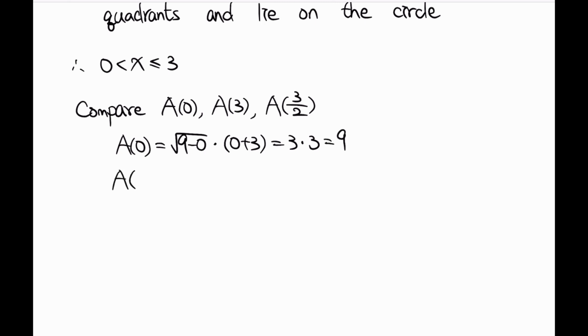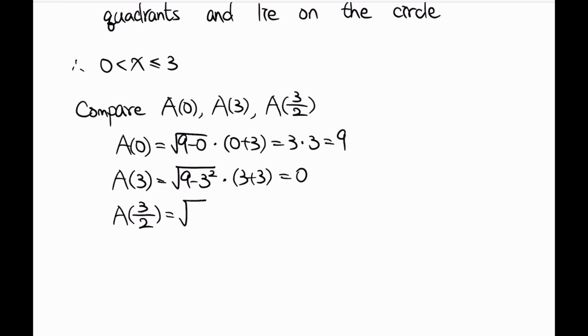And then we calculate A of 3, which is the square root of 9 minus 3 squared, times 3 plus 3, which is 0 because 3 squared is 9. Finally, A of 3 over 2 is equal to the square root of 9 minus (3 over 2) squared, times (3 over 2 plus 3). So it is the square root of 9 minus 9 over 4, times 9 over 2.